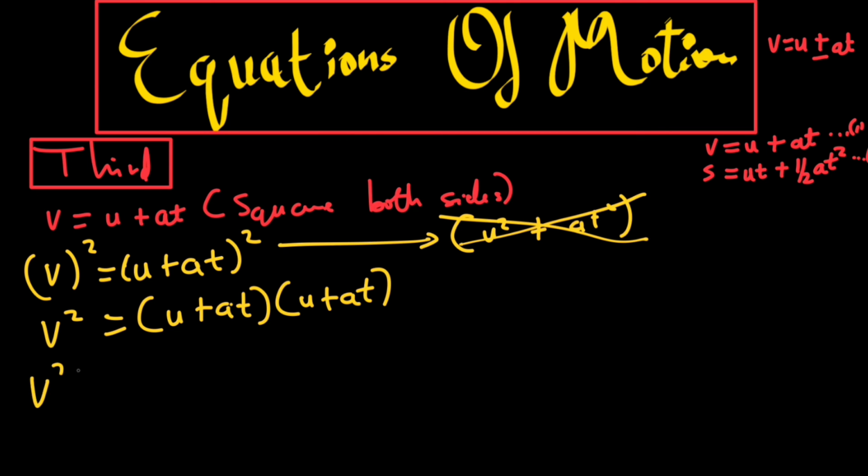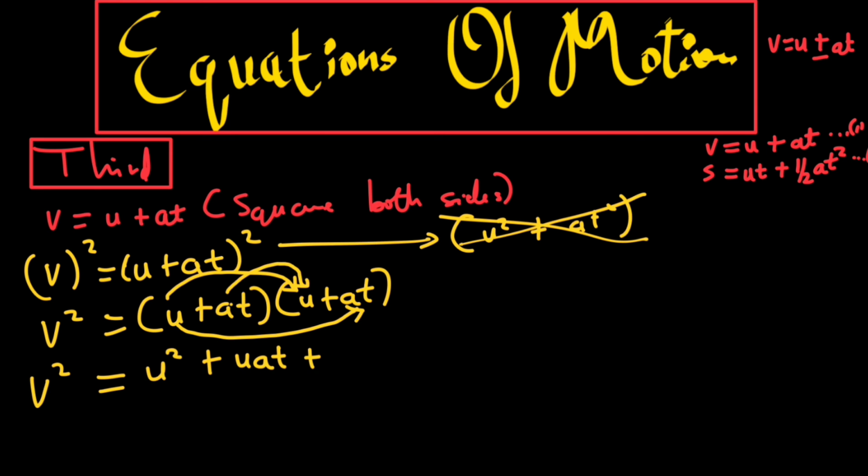So v squared equals u times u, as u squared, plus u times at, that's uat, plus at times u, that's uat, and then at times at, that's a squared t squared.